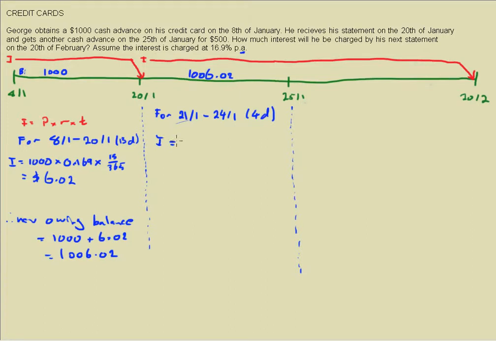So looking at our interest, now taking this balance, remembering we're applying our interest over the $1,006, that's $1,006.02 times our 0.169 times 4 days, so it is 4 over 365.